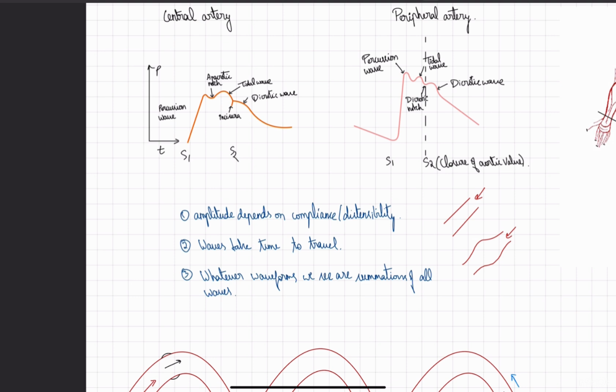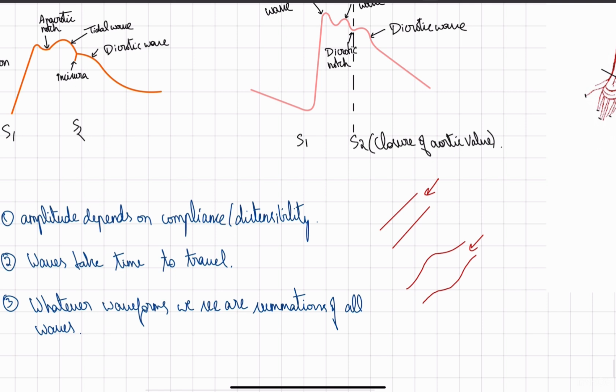All right. Okay, what exactly is compliance or distensibility? So let's say I am measuring the pressure at this point and there is blood coming in and this vessel does not want to distend. So the blood will have a force on this area. That's what pressure actually is.